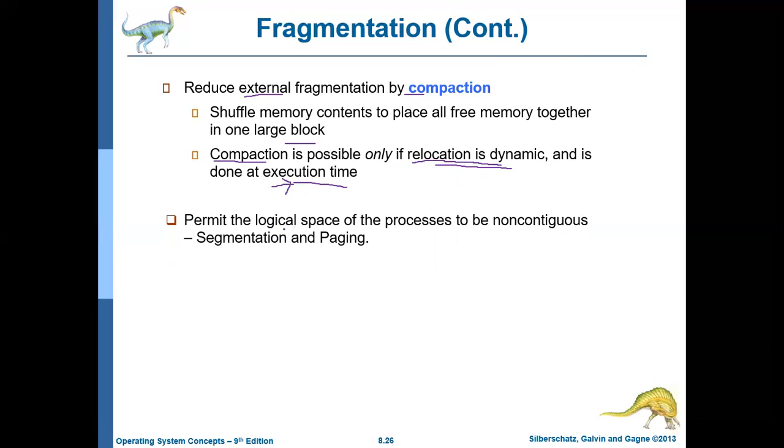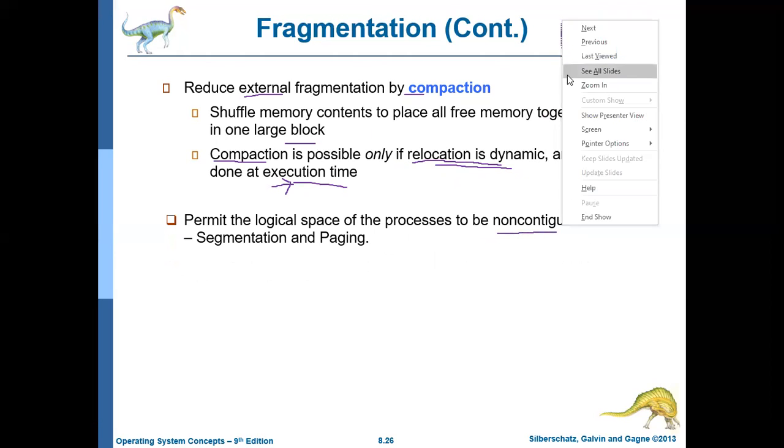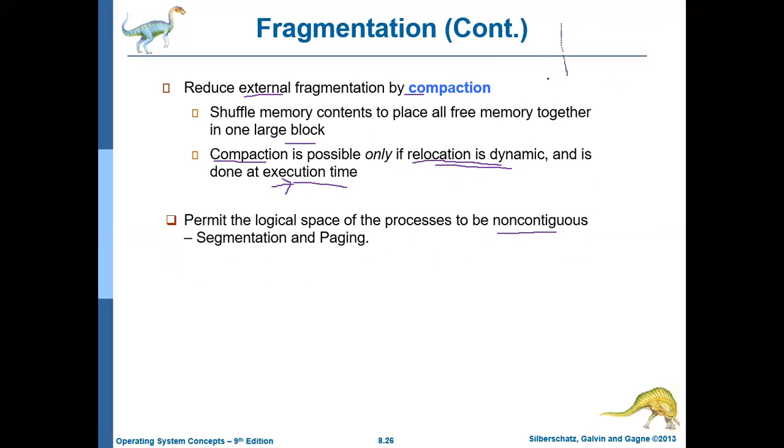There is also another way to avoid external fragmentation. That is, you permit the process to be allocated spaces in a non-contiguous fashion. Whatever we are discussing so far is that we are restricting the process to be allocated memory contiguously. That is, first P1 comes, then P2, then P3, in that way you have to allocate.